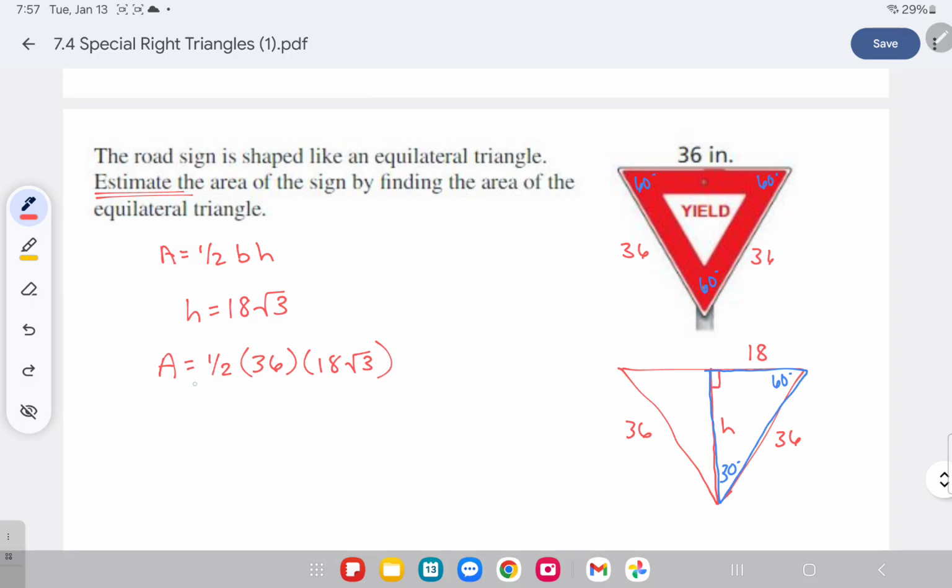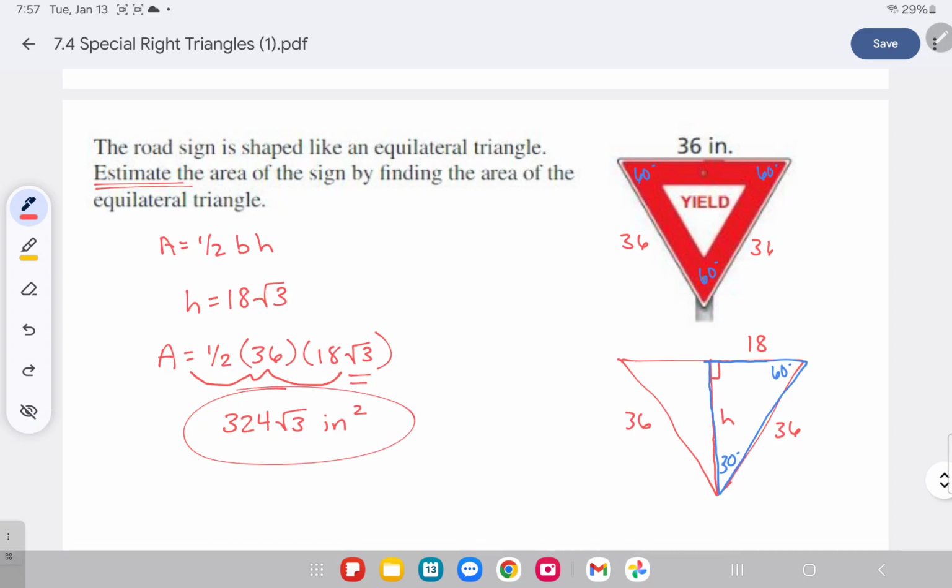And so we're going to multiply 1/2 times 36 times 18. So that's 324 times the root 3. And again, because it says estimate, it probably wanted me to actually take 324 times root 3. But I don't have a calculator to do that right now.